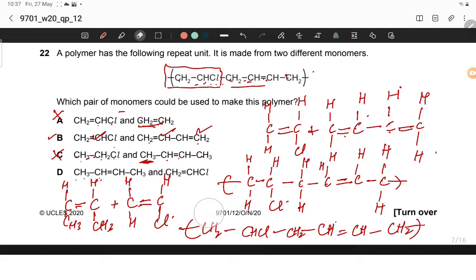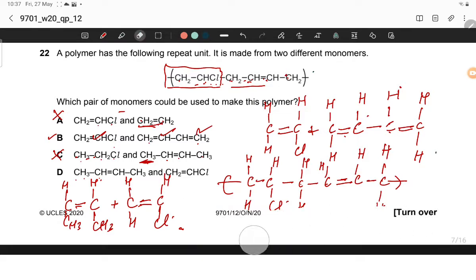And the compound is, if we draw the monomer, this is CH, CH3, CH, CH3, CH2 and CHCl.